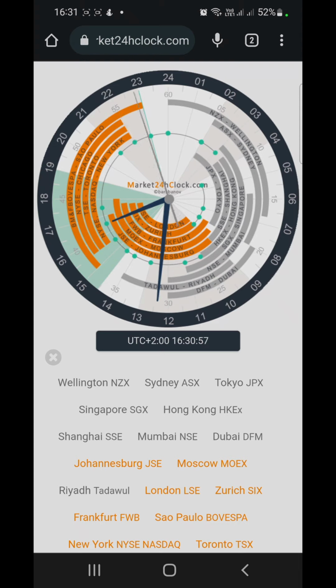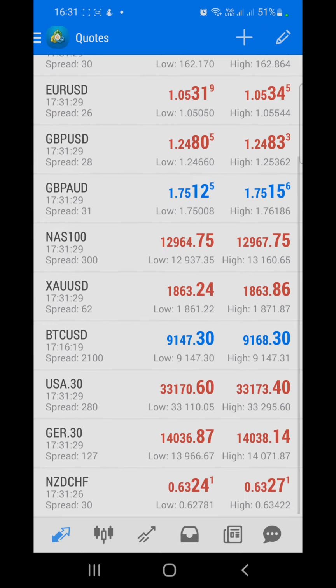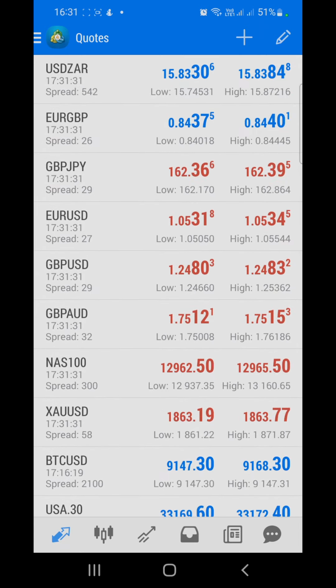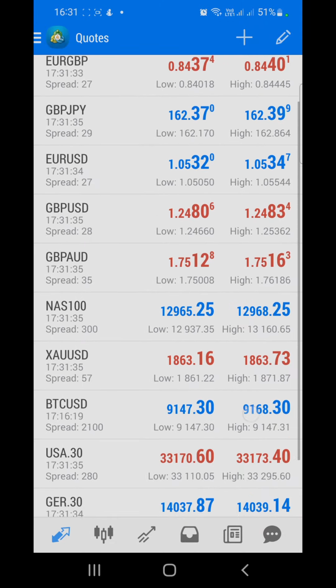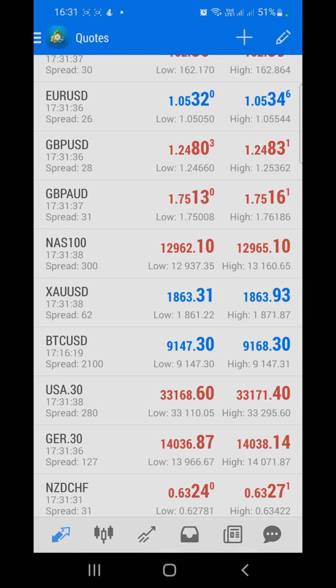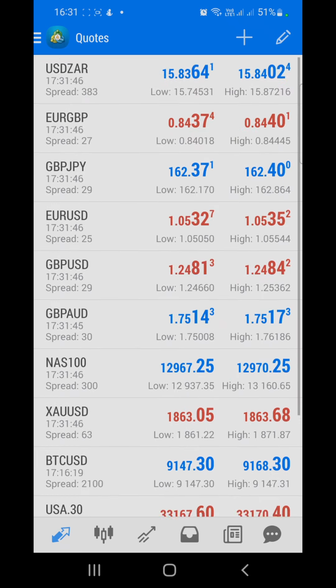After viewing this, for me to take advantage of it, as you can see, ladies and gentlemen, I go to my MetaTrader, my trading app, and see which ones here are moving faster. The ones like Nasdaq, gold, US dollar, the US 30, they are the ones that are moving fastest.